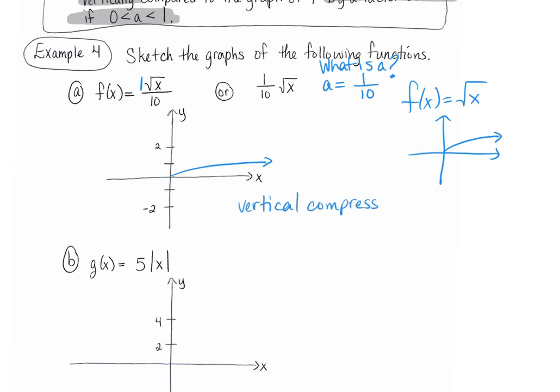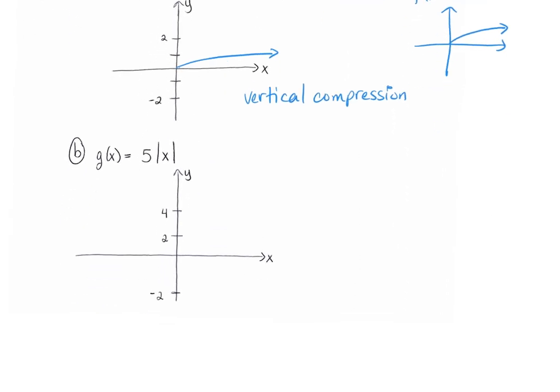Tell me what happens in B. Read B to me. g of x equals 5 times the absolute value of x. Go ahead, I'm listening. Teach me. What should you identify first? The absolute value, your parent function. What's the shape of your graph? You're teaching me.